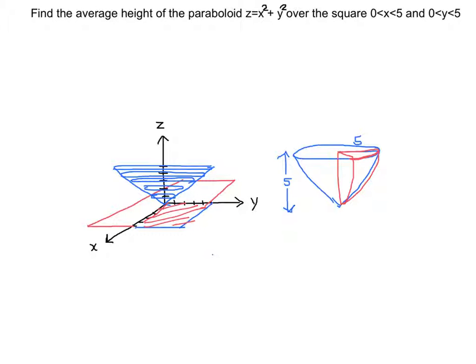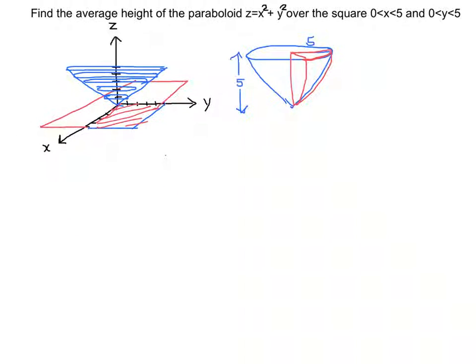So let's move this diagram up. And what we want to do is find the average height. We use the formula 1 over the area times the volume. And the volume is the volume over that area.